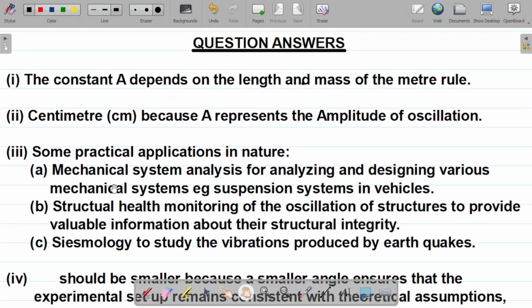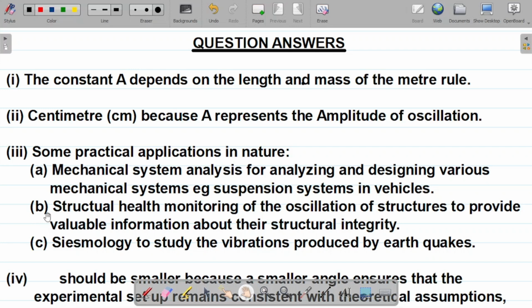All right, the third one says some practical applications of the setup in nature. The first one is the mechanical system analysis. So the setup can be used for analyzing and designing various mechanical systems. Example, the suspension systems in vehicle.